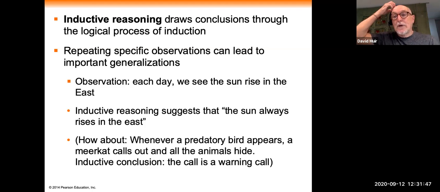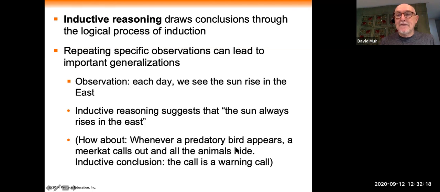Here's another one. Whenever a predatory bird approaches a group of meerkats sitting on top of a rock, there is one guard meerkat who keeps an eye on the sky, and when the predatory bird arrives, that guard will call and everybody will dive for cover. What's your inductive conclusion? Your inductive conclusion is that the call is a warning call. What's important about this?